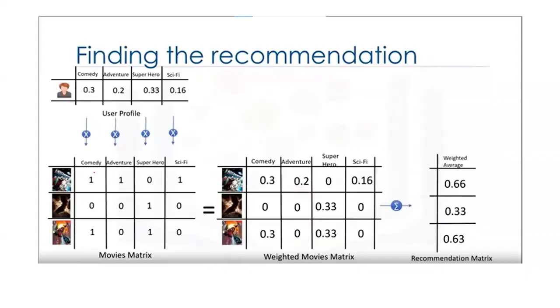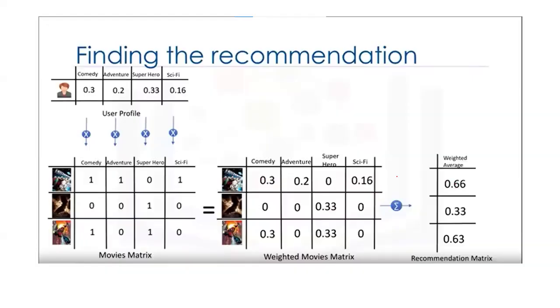The user profile weights will get multiplied with the matrix of movies she hasn't watched: 0.3, 0.3, 0.2, 0.2, 0.16, 0.16. Then I will take the total sum. This is the sum, 0.66.